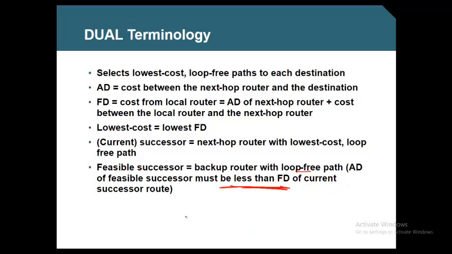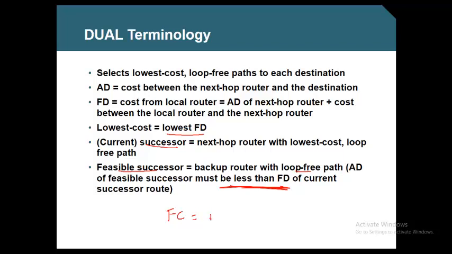So, we know what the successor is. The lowest FD path is the successor. For the backup path, which is called the feasible successor, the feasibility condition needs to be met. What is the feasibility condition?